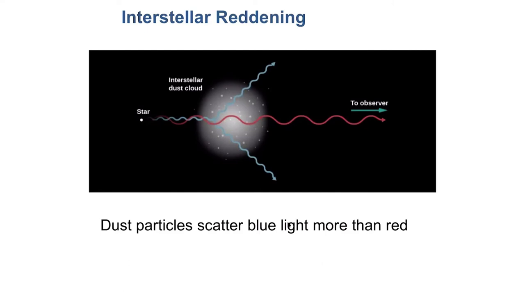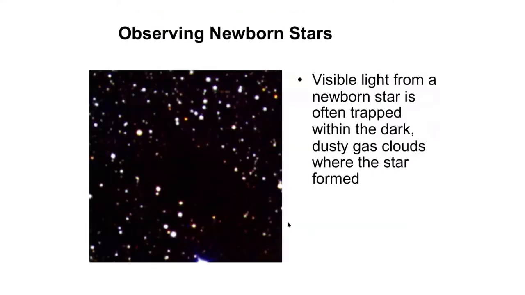So if you're looking at a star through one of these dust clouds, some of that light will be absorbed, but more of the blue light will be scattered than the red light. And so that causes stars to look redder than they should. In fact, you can kind of see this. If we go back, some of these stars that are at the very edge of this cloud look redder than they should.